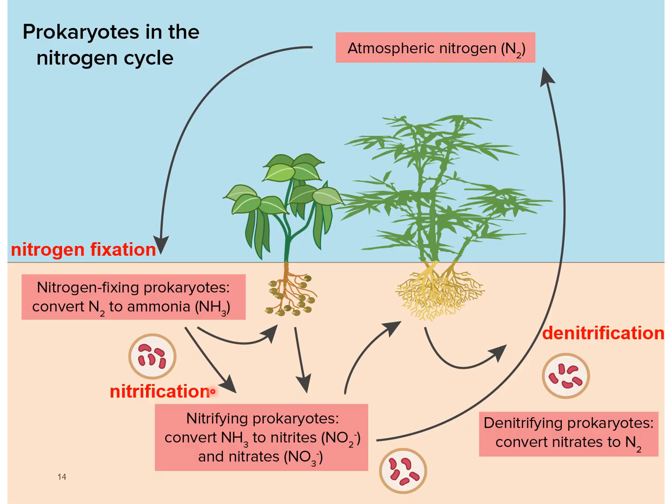Then nitrification is where the ammonia gets converted into nitrates and nitrites. And then denitrification is where the nitrates get converted into nitrogen gas, and then we're back where we started again. So just know that we've got this nitrogen cycle and these three steps.